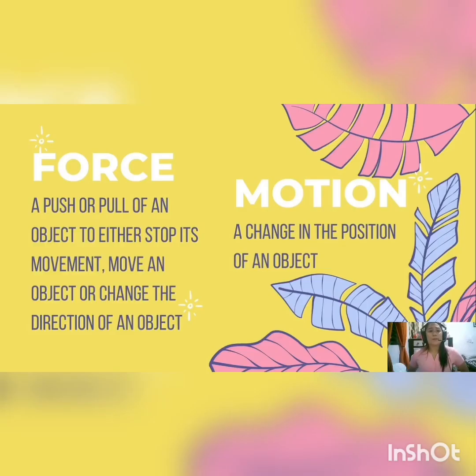So when we say force, it is a push or a pull of an object to either stop its movement, move an object, or change the direction of an object. So whenever you push or move the object away from your body, or pull an object, move an object towards your body, you are applying force.